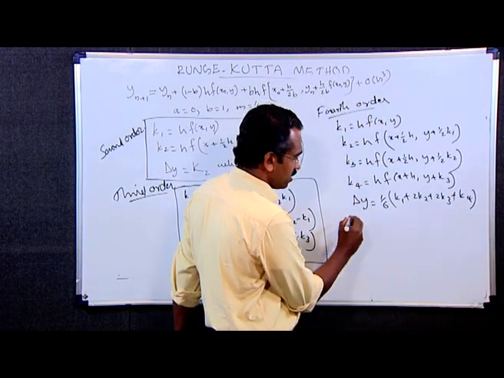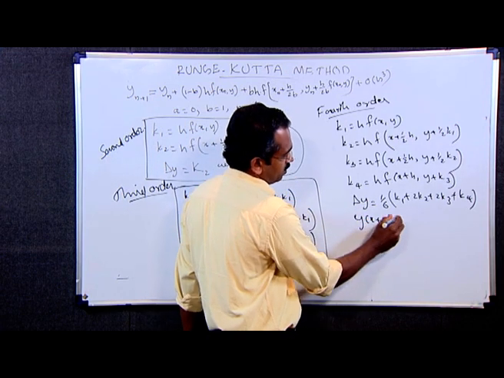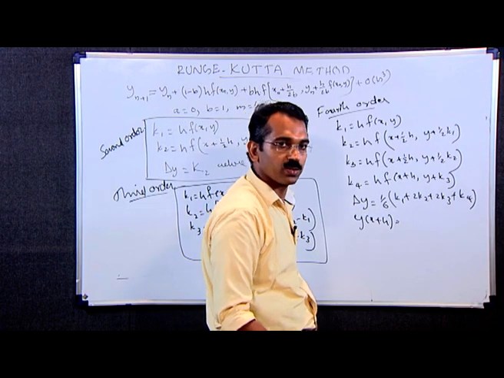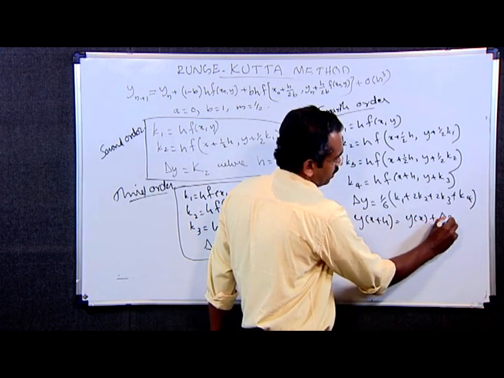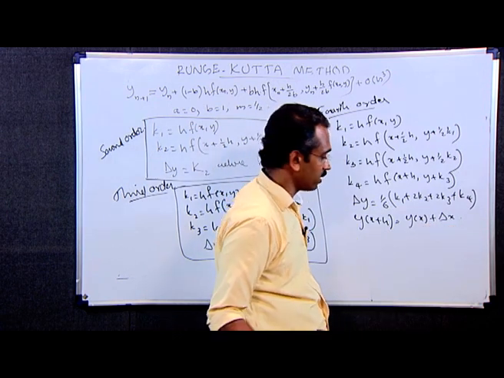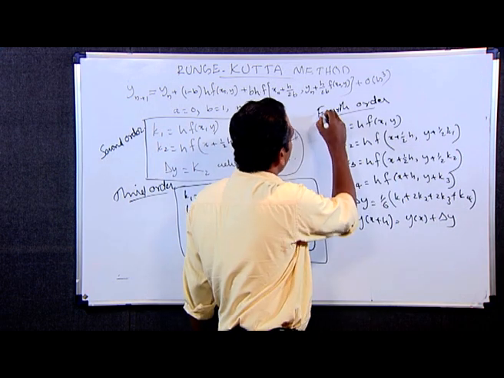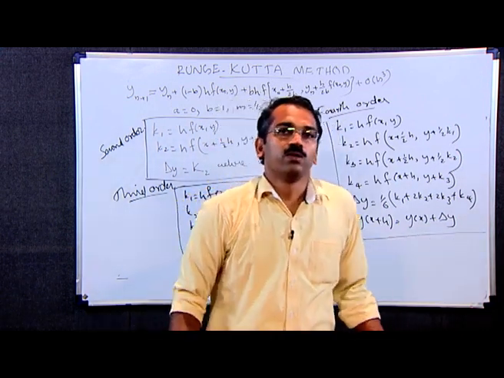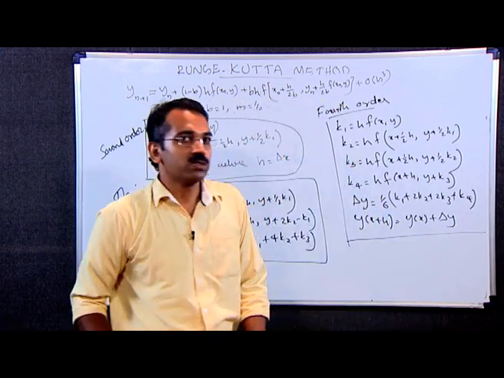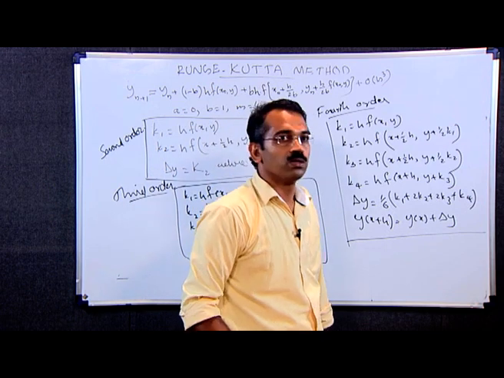Y of x plus h is equal to, from this expression we can write y of x plus h as y of x plus delta y. This is the fourth order Runge-Kutta algorithm. This algorithm is mostly used in practical applications.